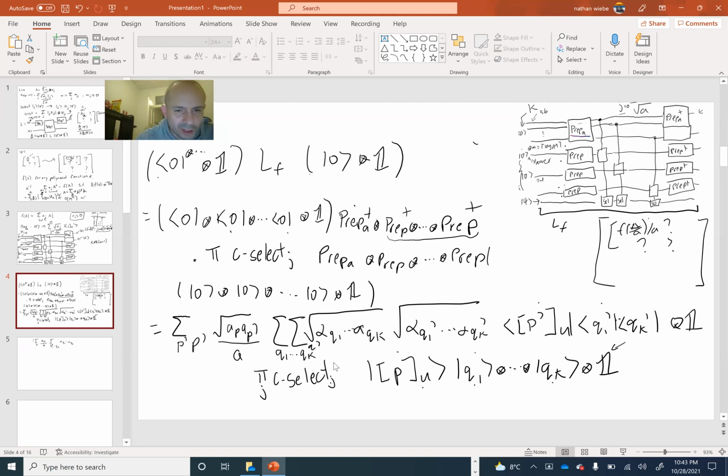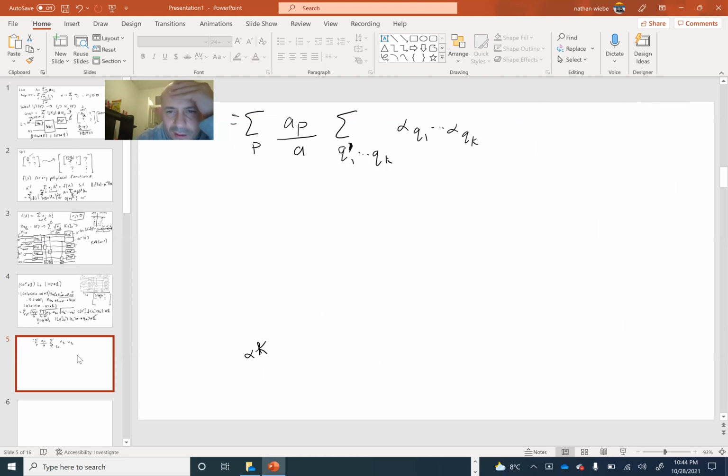So the normalization constant in the denominator is going to be, I believe, alpha to the K. Okay, so we've got each of these divided through by alpha to the K, times an operation that will look like P, Q1 through QK, product over J select sub J times identity, all multiplied on the right by P Q1 through QK tensor identity.